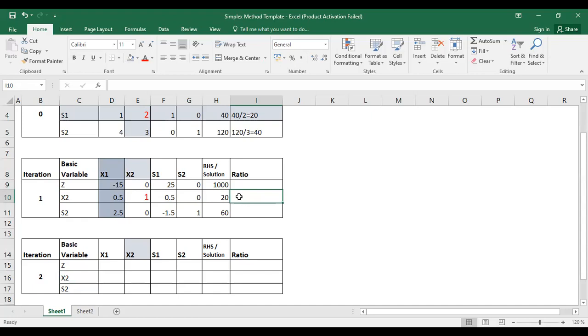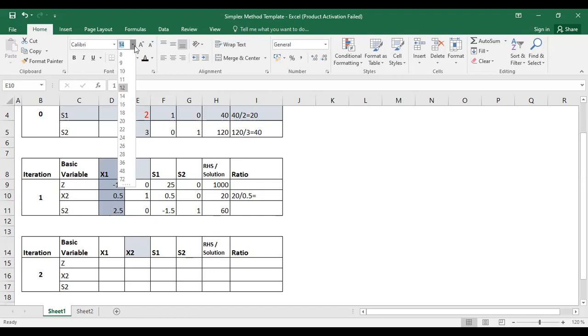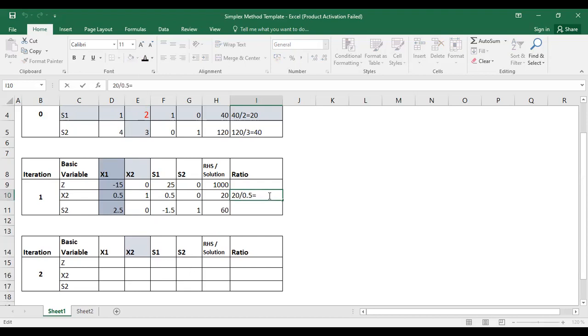Who remembers how we found the ratios? Right-hand side divided by pivot column value. So what will be the ratio for this? 20 divided by 1, 0.5 divided by 0.5. That will be 40.